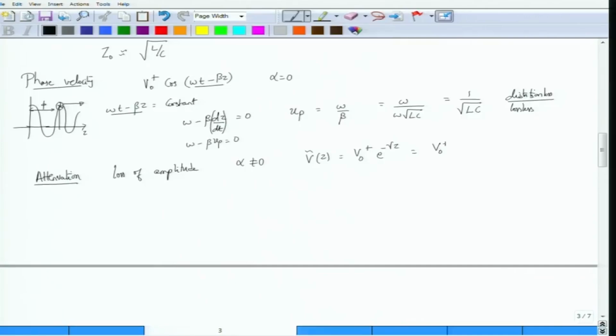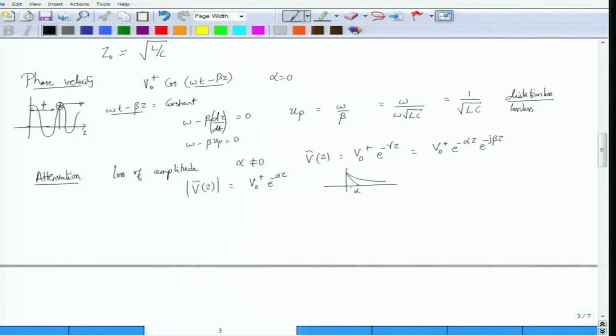This becomes V0 plus e power minus alpha z e power minus j beta z. Suppose you are interested in finding out the magnitude of V of z, this magnitude will be equal to V0 plus e to the power minus alpha z, and you can see that this magnitude actually decays with a decay constant of alpha, or 1 by alpha.